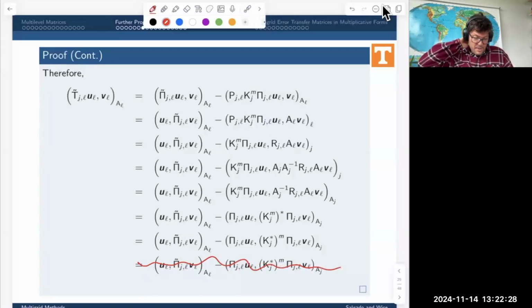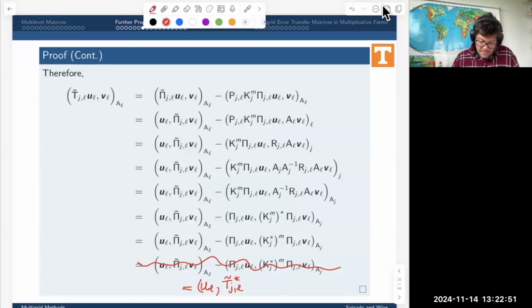Okay, but what I can do is just by examination. Oh, I think I know what I was going to do. I was probably going to combine this into one statement and write this as UL TJL tilde star. That's probably what I had intended to do.